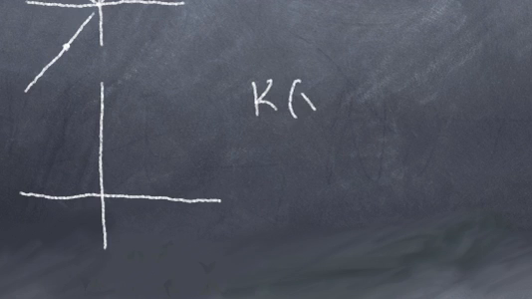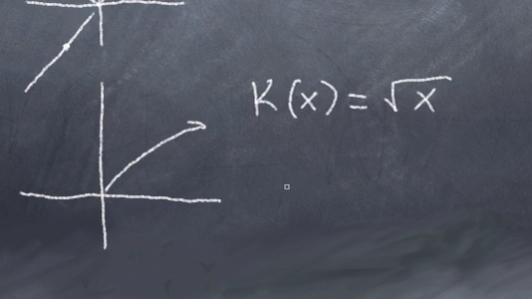Let's look at some others. So you really need to memorize these graphs. K of x is equal to, and we talked about this one earlier, the square root of x. So the square root of x looks like that.